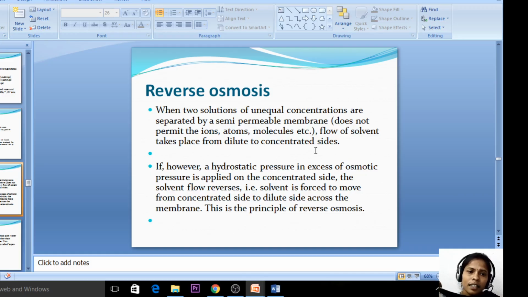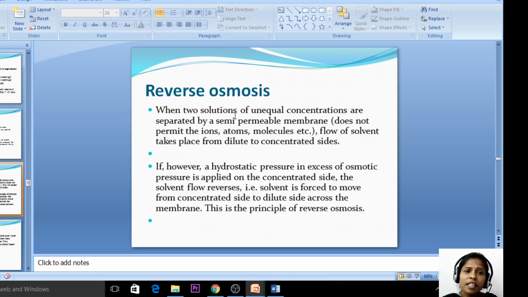One side the low concentrated solution and another side the high concentrated solution. These two solutions are separated by the semi-permeable membrane. But when these two solutions are separated by the semi-permeable membrane, the semi-permeable membrane allows only the solvent particles from low concentrated solution to high concentrated solution. That is called osmosis process.